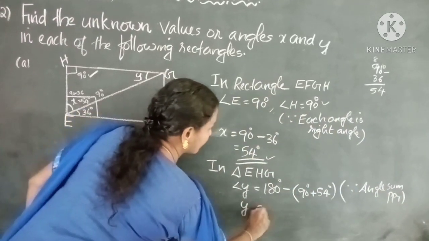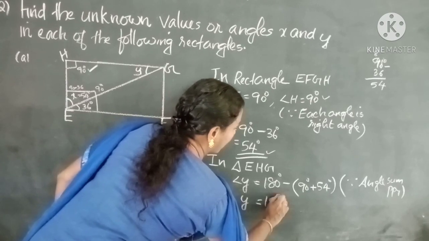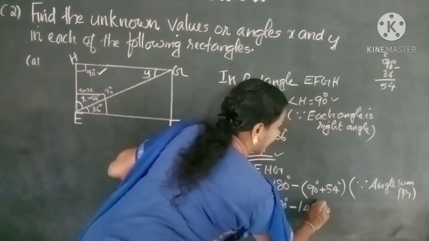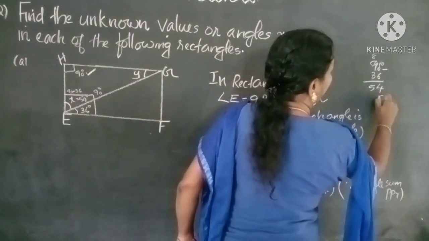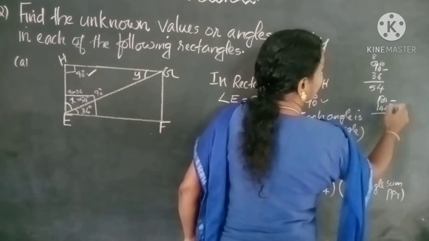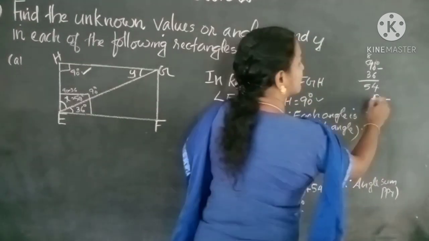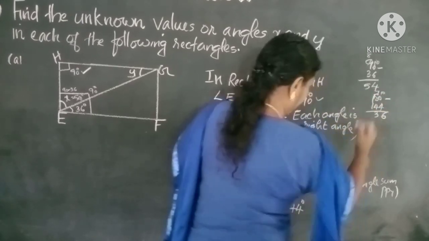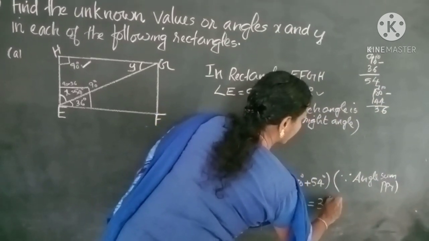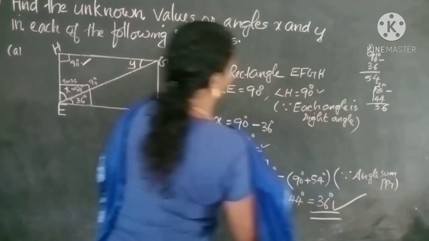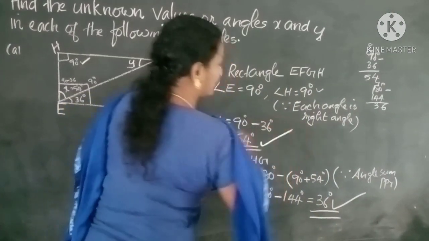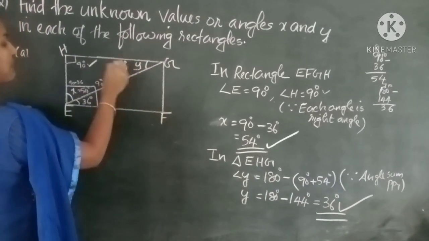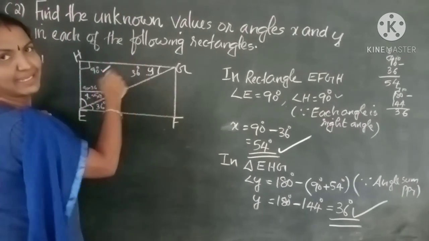So y is equal to 180 minus 144. 0 minus 4 is not possible, so 10 minus 4 is 6, 7 minus 4 is 3. So y is equal to 36 degrees and x is equal to 54 degrees. Adding 36 plus 90 plus 54 gives 180.